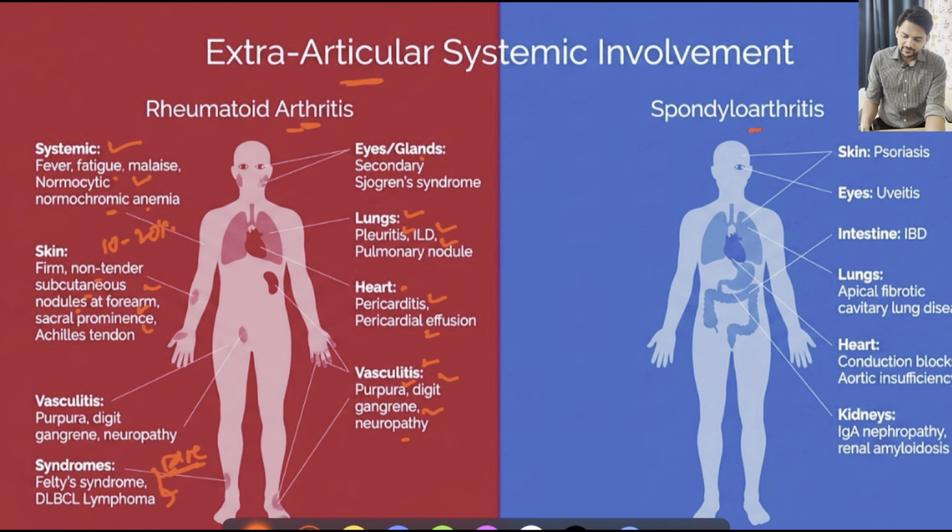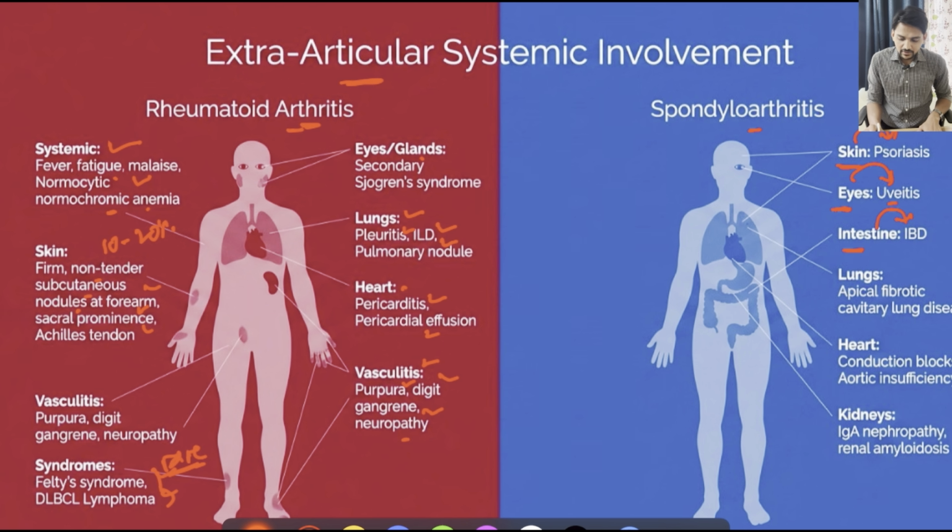Whereas in spondyloarthritis, it has some typical feature of involvement where it will involve varied tissues, and we are not sure what is the denominator for involvement of all of these. For example, commonly it will affect skin presenting as psoriasis. It might affect eyes presenting as anterior chamber uveitis and intestine mainly presenting as inflammatory bowel disease.